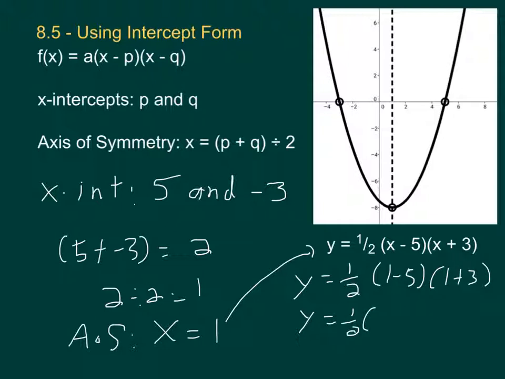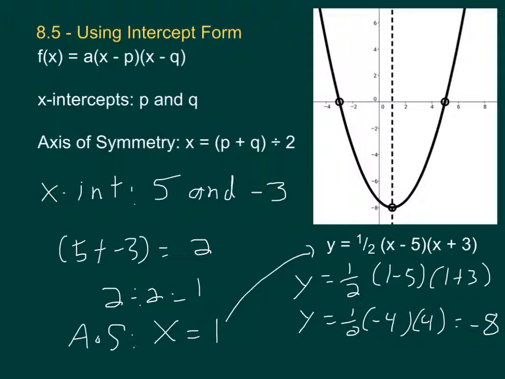So 1 minus 5 is negative 4. 1 plus 3 is 4. And so I'll multiply those together. 4 times negative 4 is negative 16. And half of that is negative 8. And you can see, therefore, that the vertex would have the coordinates 1, negative 8. That's exactly where this vertex is. x out to 1, y down to negative 8.